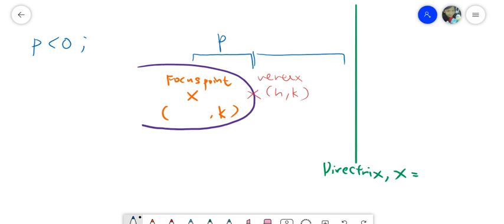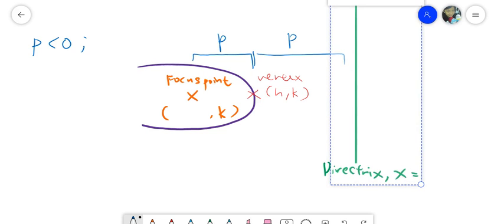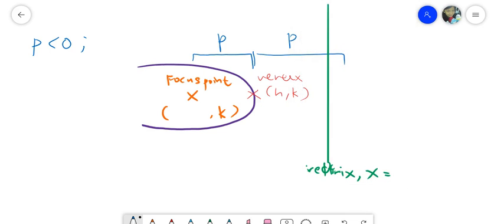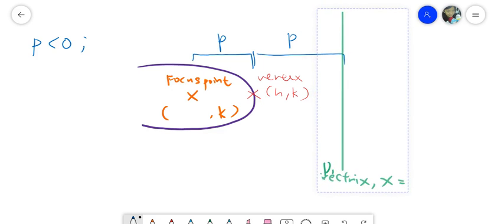So this is your p-value. The same goes with the vertex and the directrix. So this is the p-value. So this is the directrix.